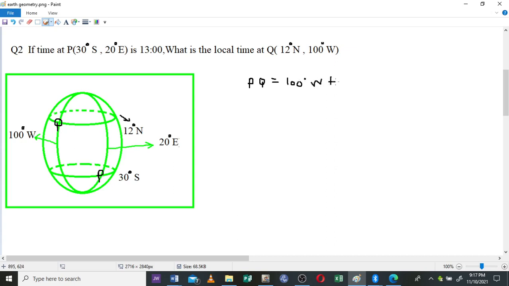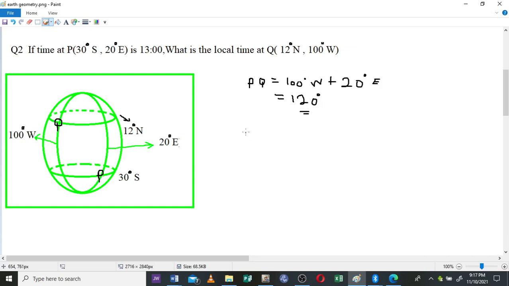So we are going to add 20 degrees east because these 2 points lie in different directions. One is in the west, the other one is in the east. So we add. We are going to get 120 degrees as the difference in the longitudes between P and Q.